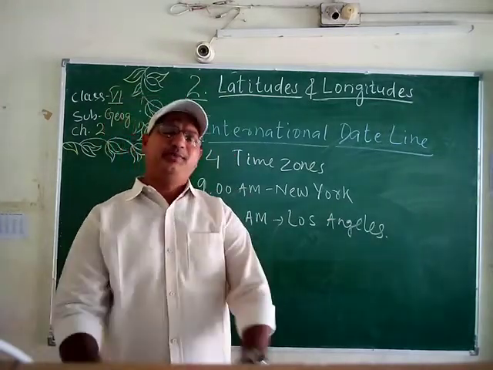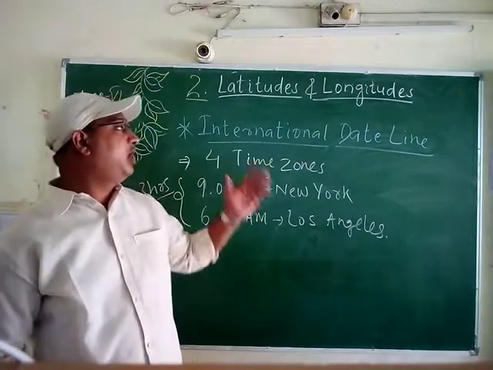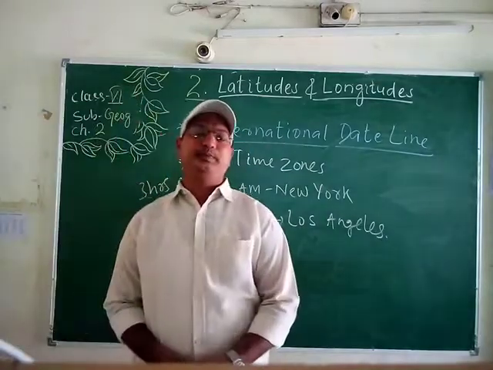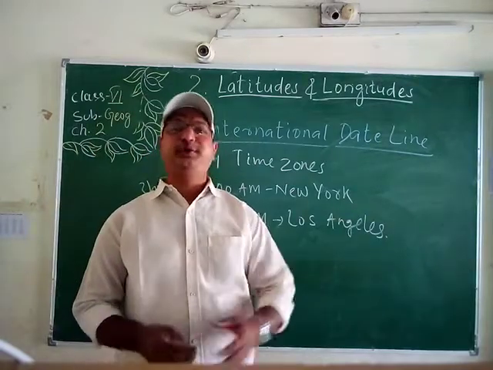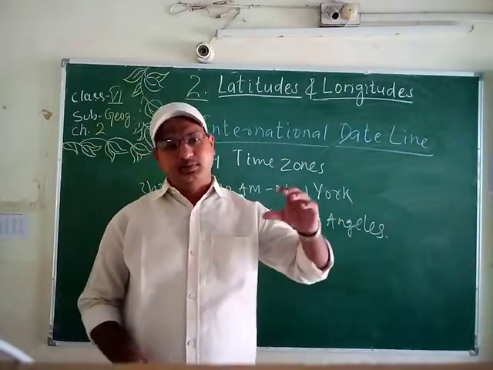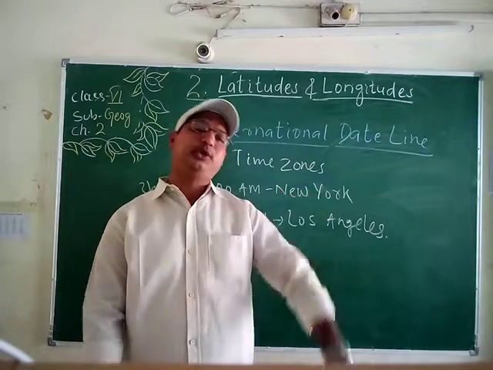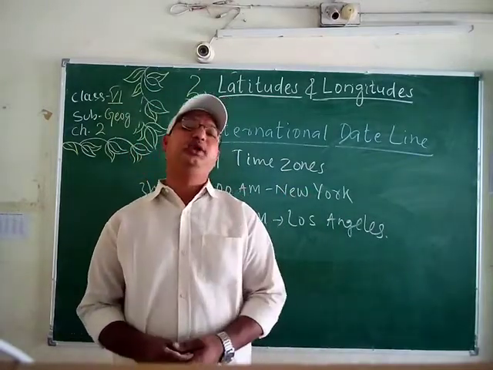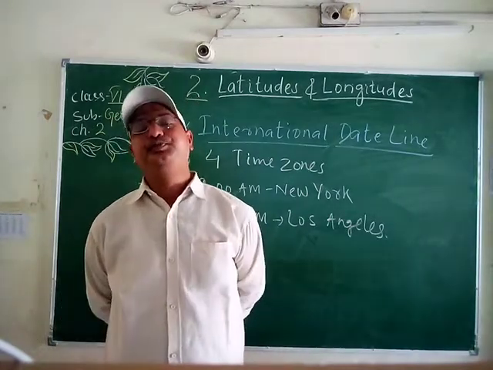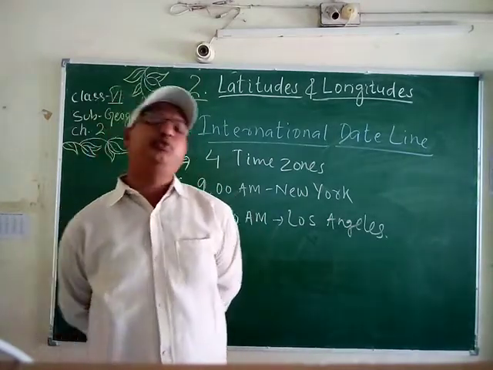So students, in this chapter we learned how latitudes and longitudes change from place to place, and the particular position of the latitudes and longitudes tells us about the locating of places on Earth. The globe is a true model of the Earth.